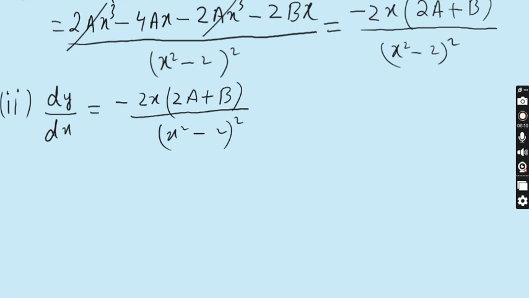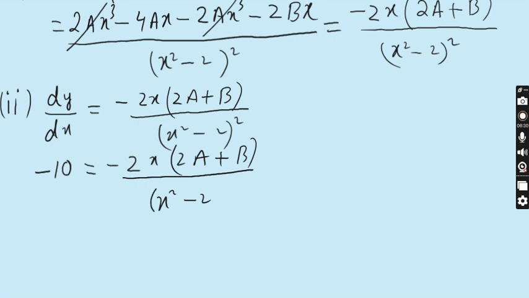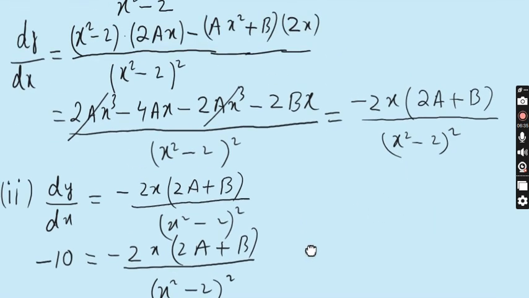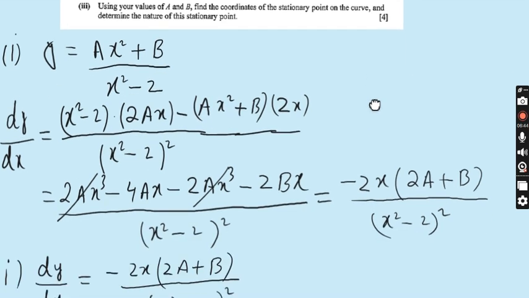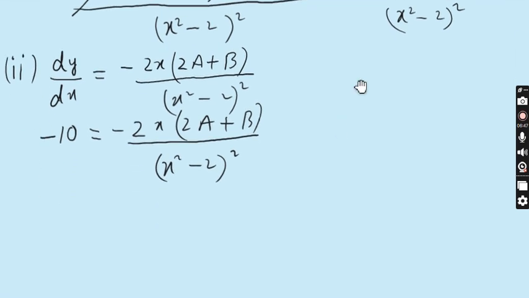In this part the value of dy/dx is given, that is minus 10, equal to minus 2x(2a plus b) upon (x² minus 2) whole square. Now you can see the value of x is also given in this part. It is given that y is negative 3 and dy/dx is negative 10 when x is equal to 1. So now we will put the value of x as 1.